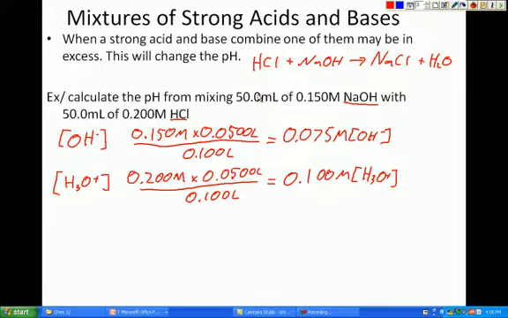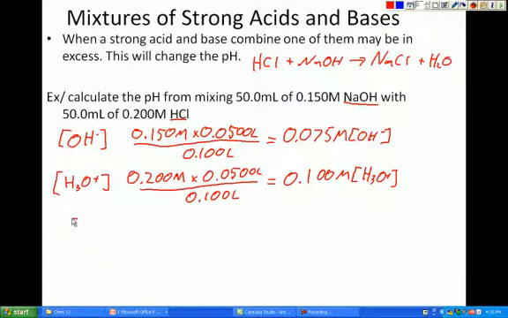So how much is our acid in excess by? Well, we know that it's in excess because H3O again is more than right here. And so how much is it in excess by?